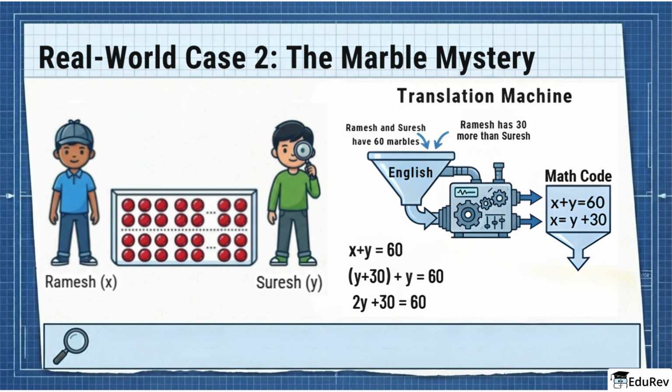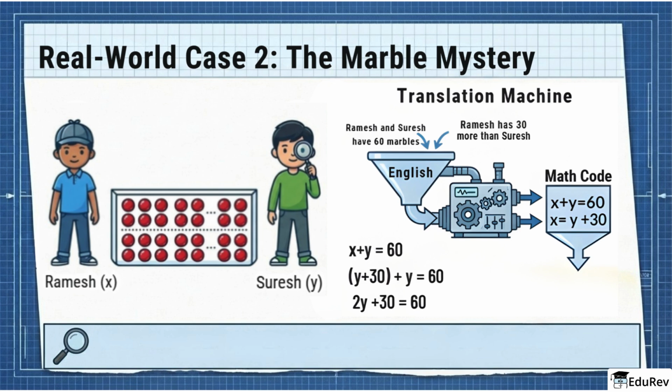So that becomes x equals y plus 30. Now here's the important idea. Instead of solving both separately, we use one equation inside the other. So we replace x in the first equation. That gives y plus 30 plus y equals 60.